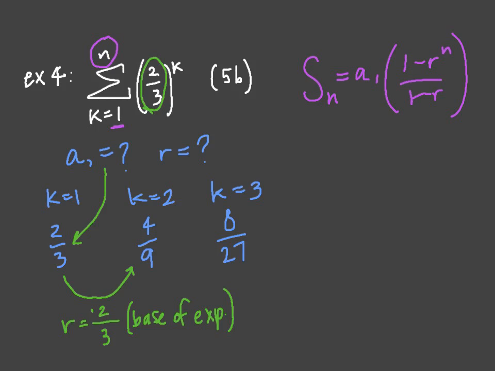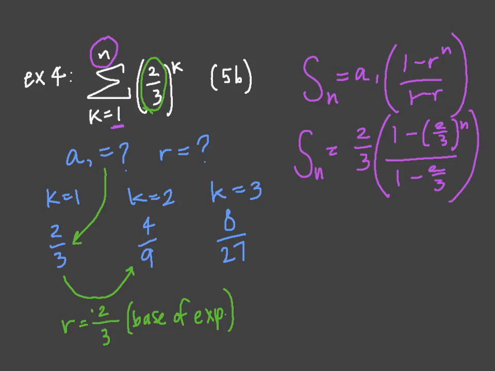So we know S sub n, remember general formula because they didn't actually give us an n value, equals a sub 1, which is 2/3, times 1 minus 2/3 to the n, general formula, over 1 minus 2/3. And 1 minus 2/3 is 3/3 minus 2/3, which is 2/3.